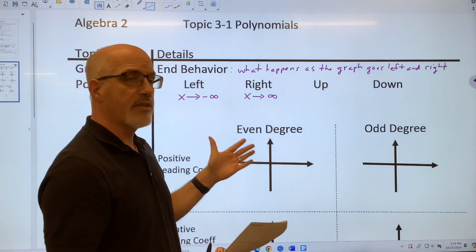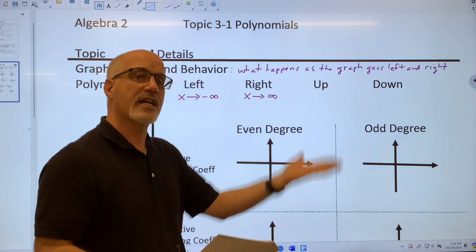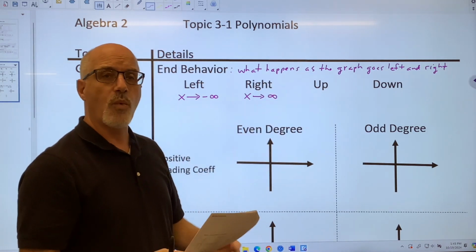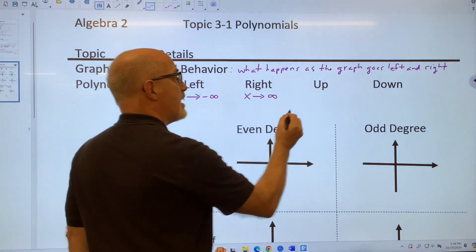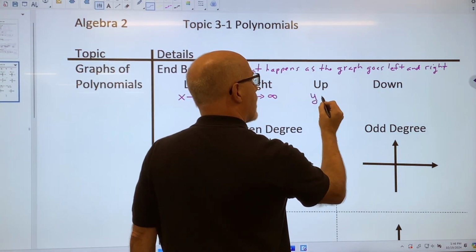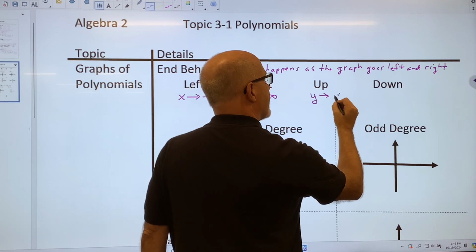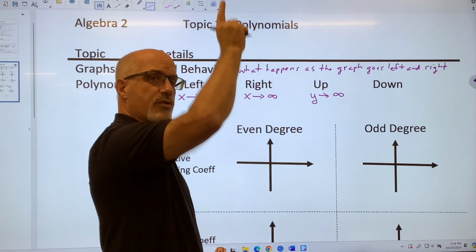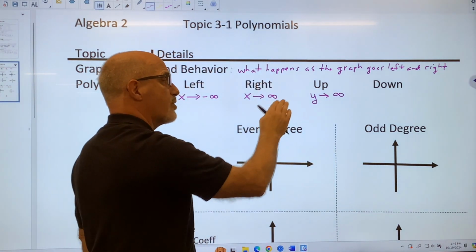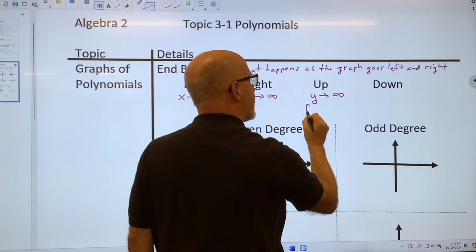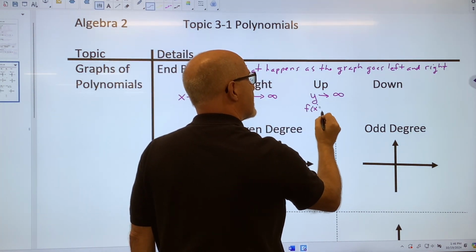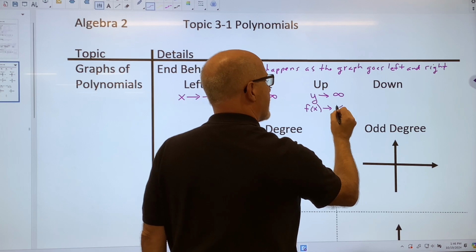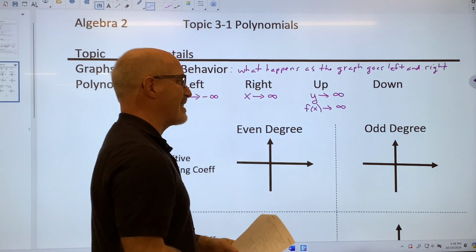Now we do the same thing with up and down, but now we're talking about the y's. What are the y's doing? So the y's, when they go up, we say that the y goes to infinity because it's going upwards to infinity. We also, instead of y, might put it in function notation. Say f of x goes to infinity. So these two mean the same thing.